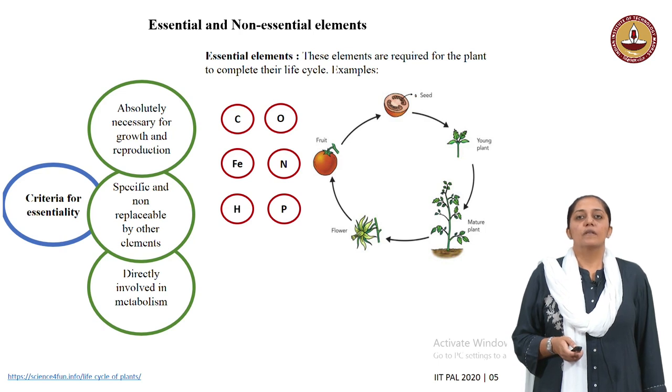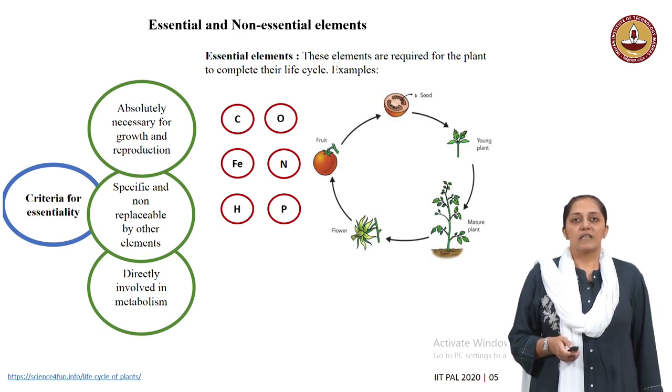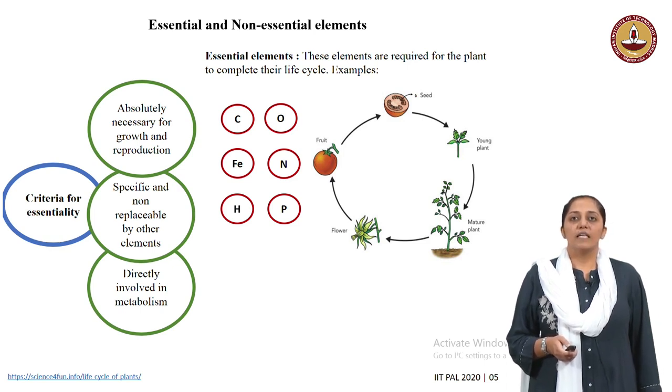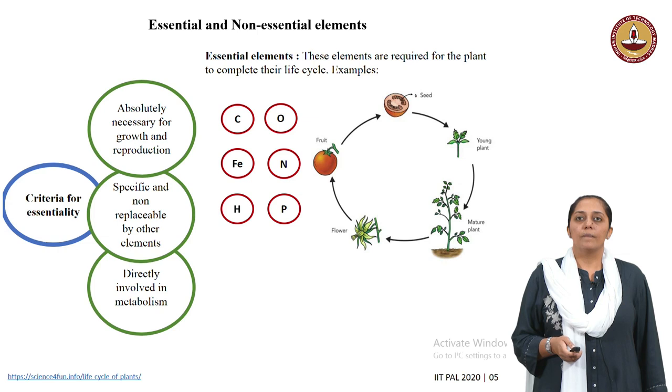As shown in the picture on the slide, the life cycle of a plant is demonstrated, beginning from the seed, the young plant, going to maturity, then flowering, fruiting, and then coming back to the seed. Some of the essential elements are circled in red here, like carbon, oxygen, iron, nitrogen, hydrogen and phosphorus.